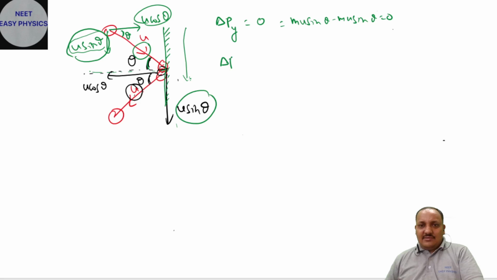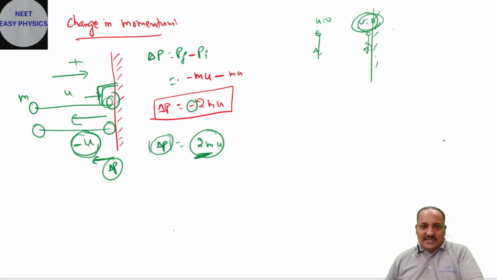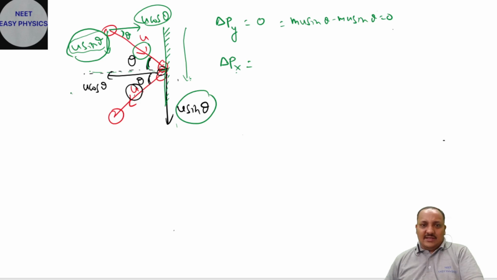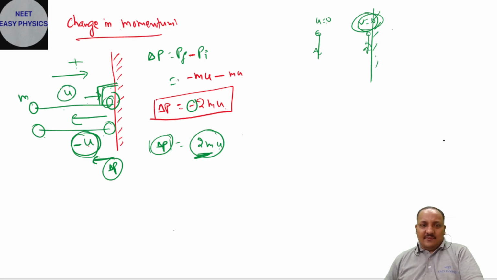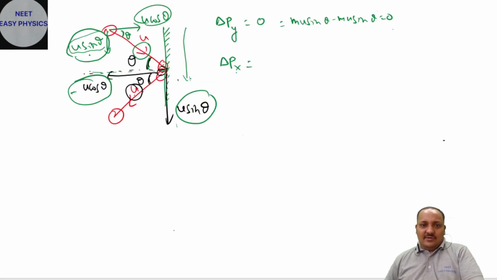Now what is the change in momentum perpendicular to the wall? In the previous case, in place of minus u, now minus u cos theta is there, and in place of u, u cos theta is there.